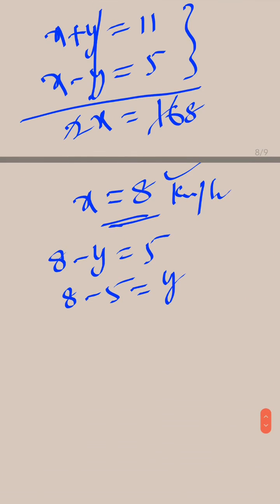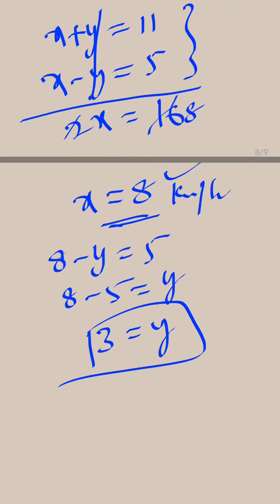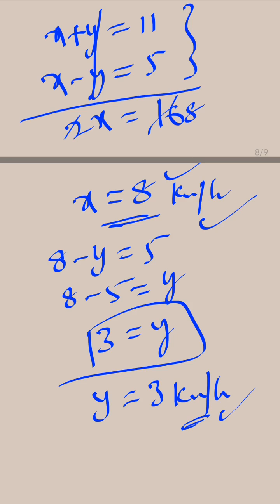Then 8 minus 5 is 3. So y is equal to 3 kilometers per hour. What is y? Y is the speed of stream. So finally we got 8 kilometers per hour boat speed and 3 kilometers per hour stream speed.